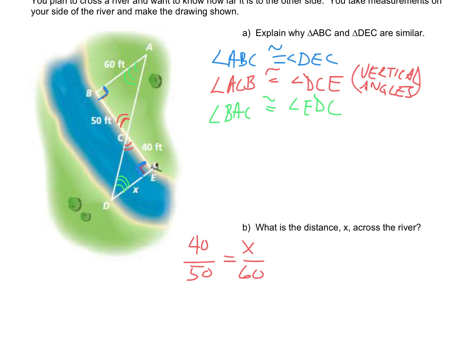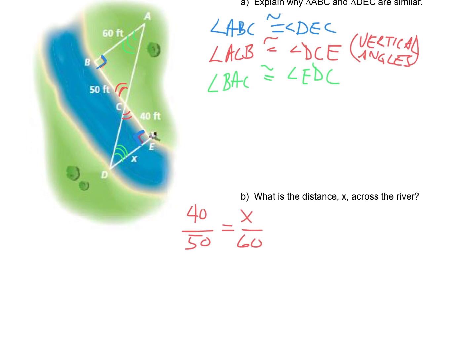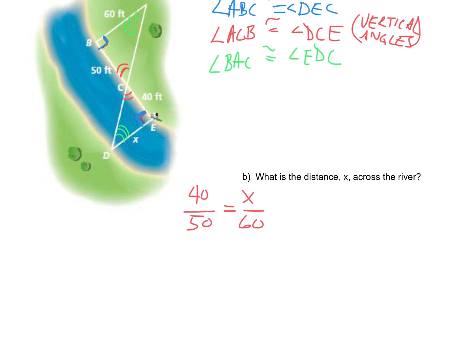Now remember, when you do a proportion, you can use your cross products to turn this into an equation to solve. So from here, I'm going to do 50 times x, which gives me 50x. And then I'm going to do 40 times 60, which gives me 2400.